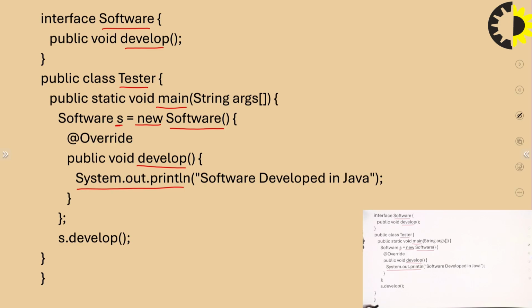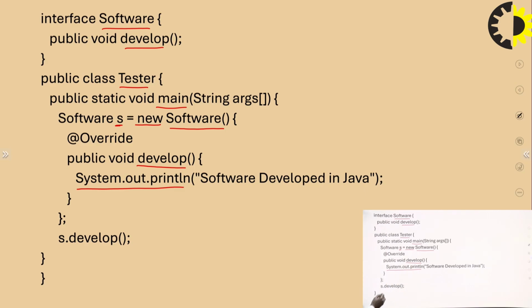You can do similar programming with a normal class also, but with the help of an anonymous inner class we can reduce the development code, and it is very easy to implement. Just with the help of the new keyword you can create the anonymous inner class, and you can implement whatever you want in that particular class.